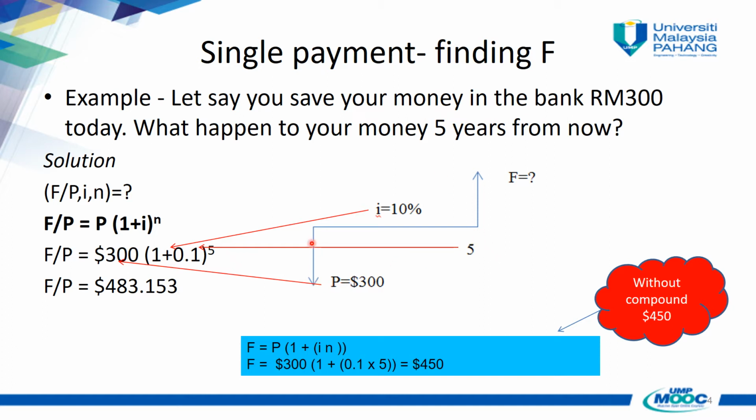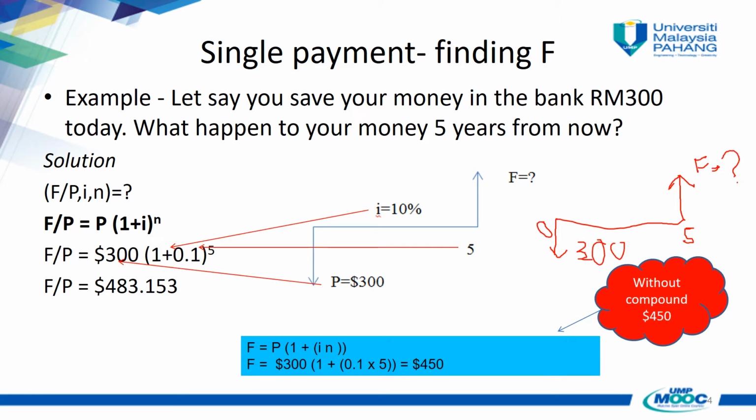So the first thing we need to do is note that 300 ringgit is your P value, starting from year 0, today, and then we want to know what happened to your money in the future, after 5 years.